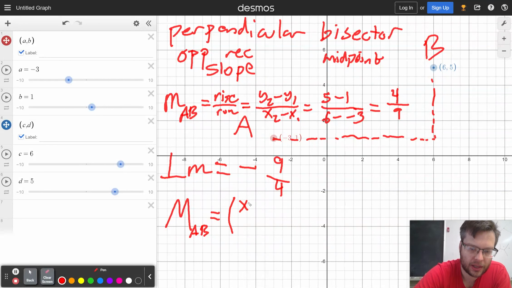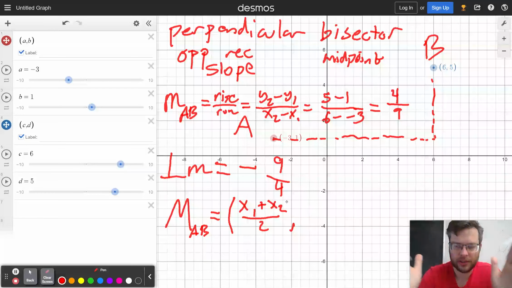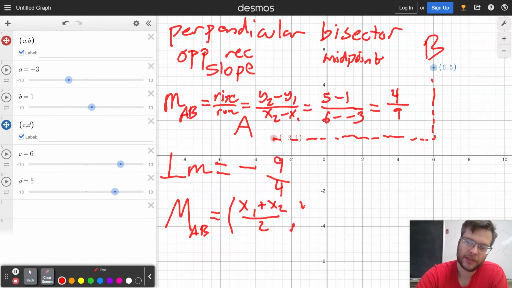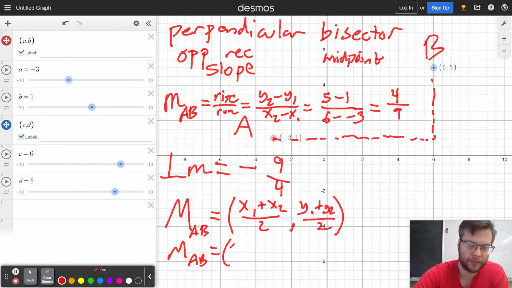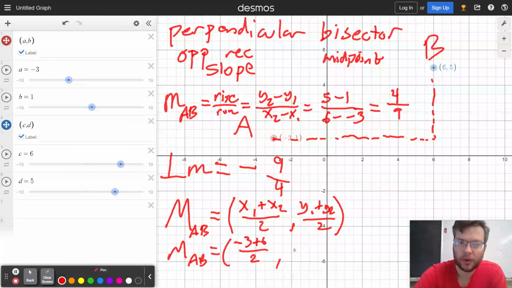The formula is you add the two x values and divide by 2, because you're finding the average, you're finding the middle. And same idea, you add the two y values and divide it by 2. So the midpoint of AB is going to be negative 3 plus 6 over 2. And then the y values added up is 5 plus 1 over 2.